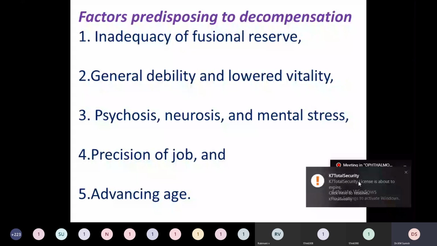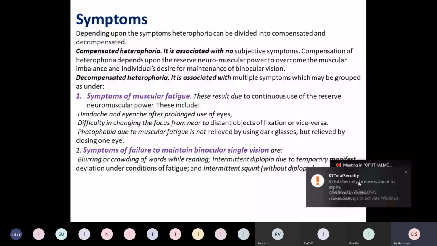Depending upon the symptoms, heterophoria can be divided into compensated and decompensated variety. Compensated heterophoria is associated with no subjective symptoms. Compensation of heterophoria depends upon the reserved neuromuscular power to overcome the muscular imbalance and the individual's desire for maintenance of binocular vision.